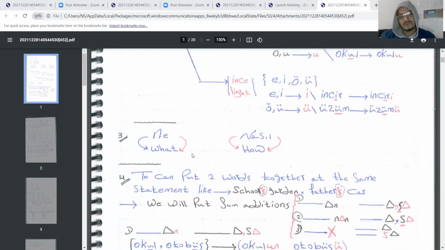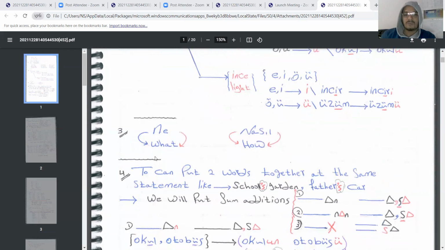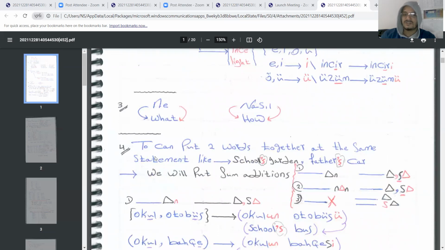Here, let's do review: ne, that means what, kim, that means who. To put two words together, this is important. This is a new grammar rule, a new grammar form. When we want to put two words together, both of them will be nouns. For example, school's garden. Something like in English when we put this possessive s. But here the situation is different. Let me introduce this grammar.